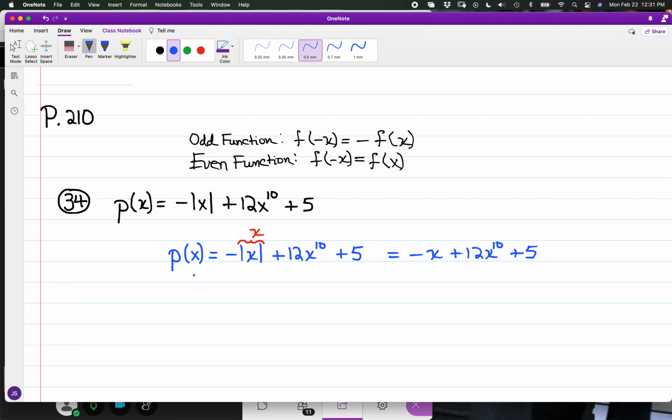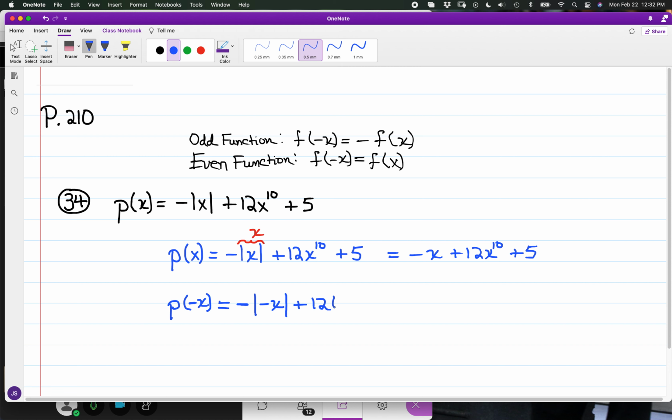Now, in looking at the opposite sign input, I'm going from the input x to negative x. So I have p of negative x. In the case of the formula, we have the negative of the absolute value of negative x, plus 12 times the 10th power of negative x, followed by the addition of 5.